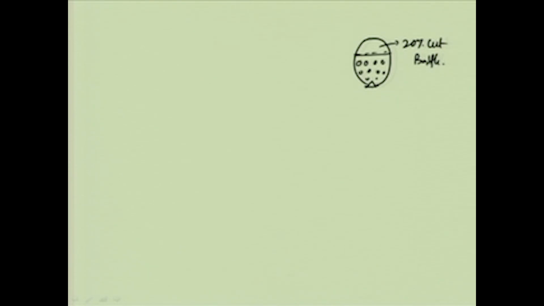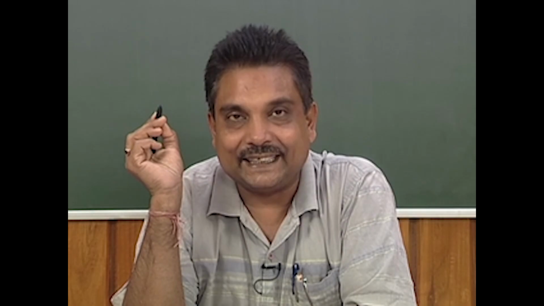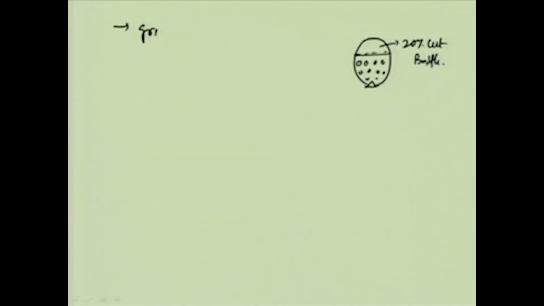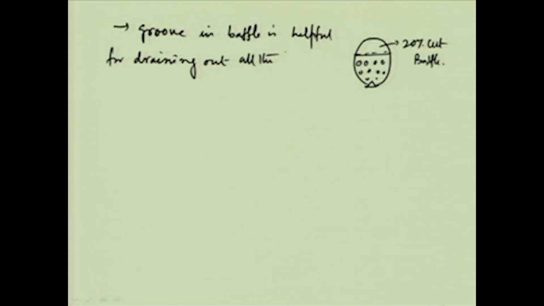What is this groove for? When we need to have routine maintenance, this groove in the baffle is helpful for draining out all the liquid present in the shell side, because this draining out is needed during maintenance.